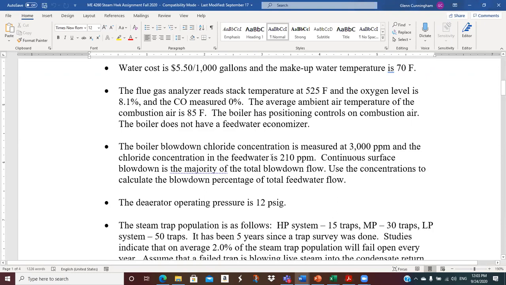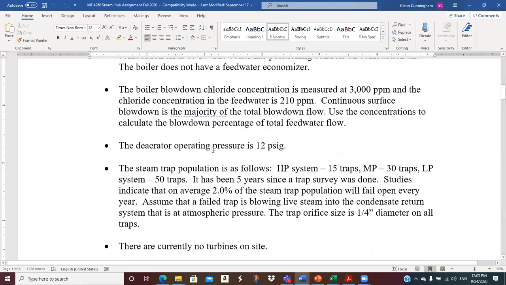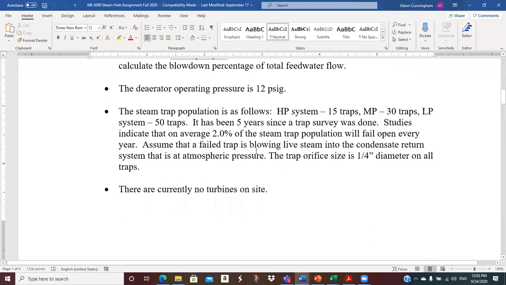You have the chloride concentrations, so you can calculate the blowdown rate. DA pressure 12. Steam trap population on the high pressure system 15, medium pressure 30, low pressure 50. And so every year you start out with this number. Five years ago, you could assume they were all working.